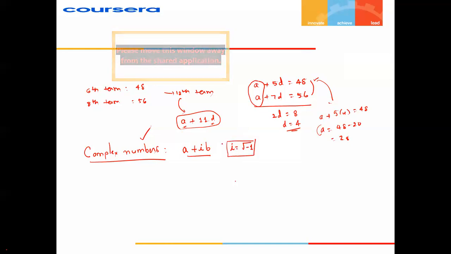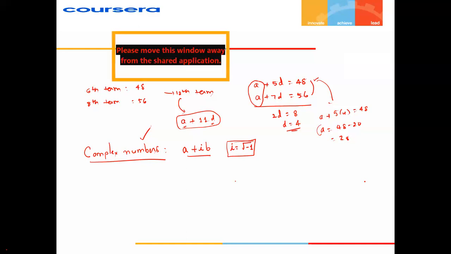Here a and b are nothing but our regular numbers, our friends only, but the combination of both together is the complex number.